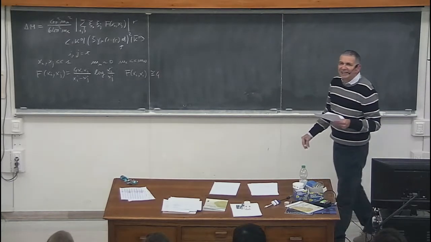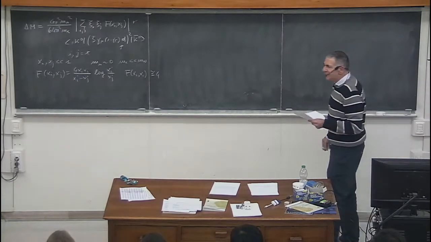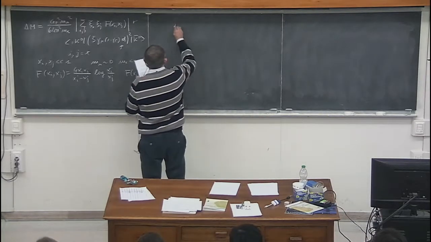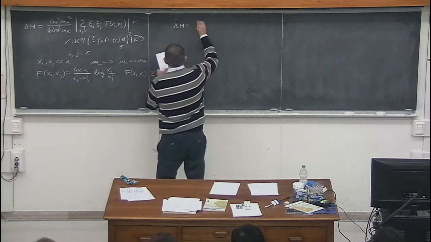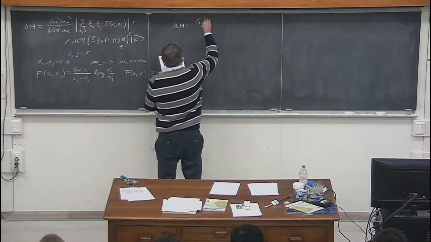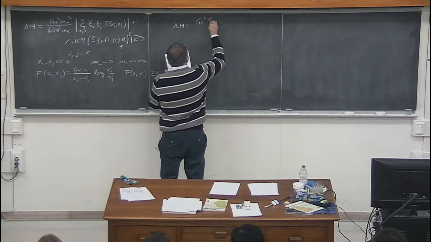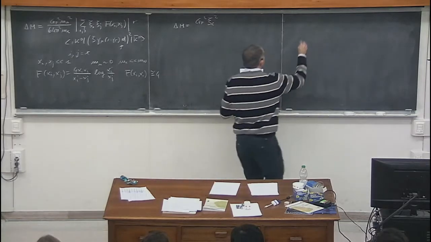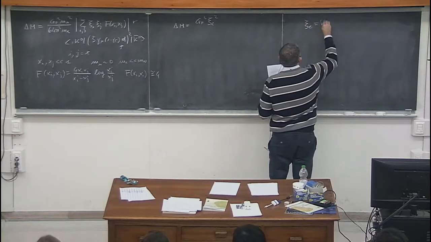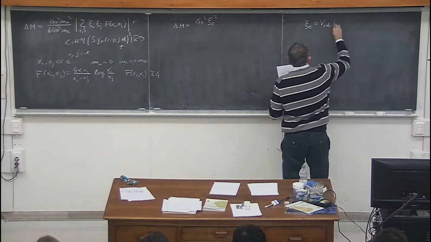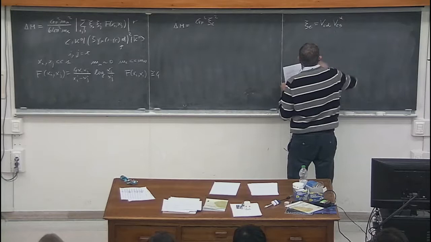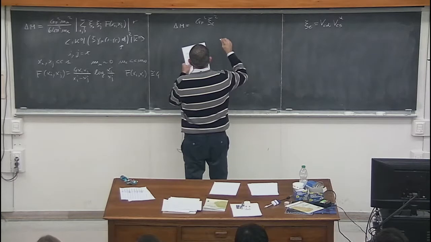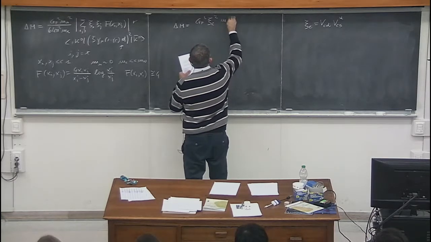And what you get is delta M equal to G_F squared psi_c squared, where psi_c is V_cd V_cs complex conjugate, times m_c squared, times the matrix element.